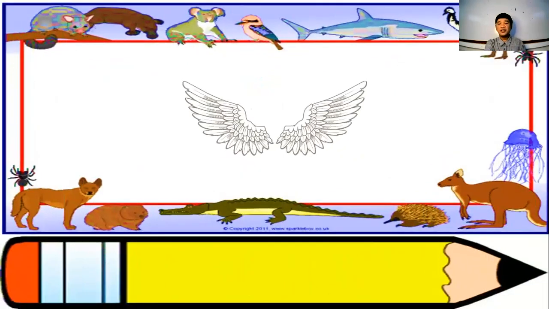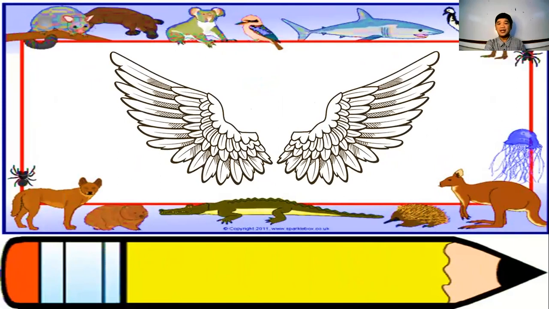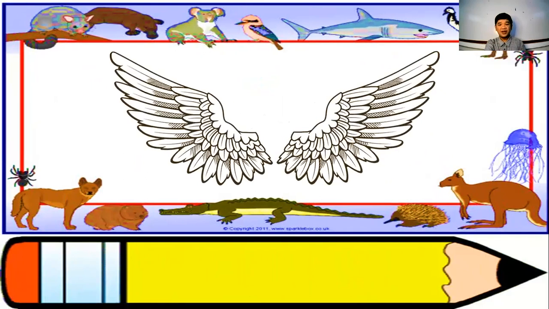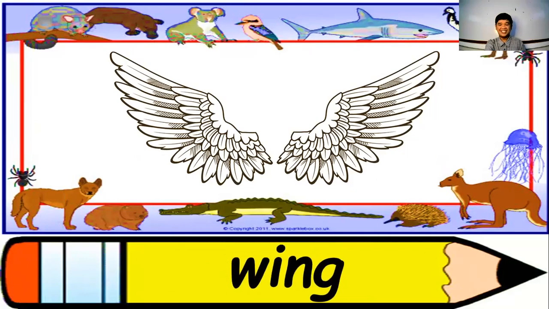what do you call the body part of this animal? Again, what do you call the body part of this animal? Very good. We call it a wing. All right.